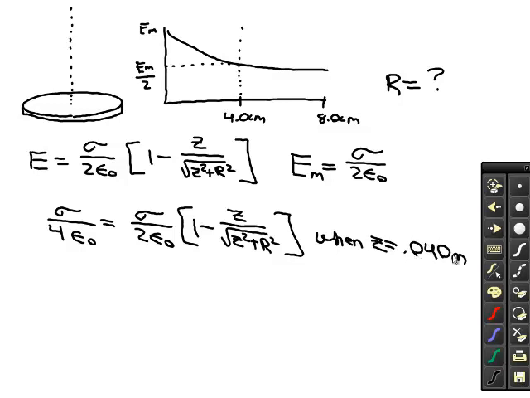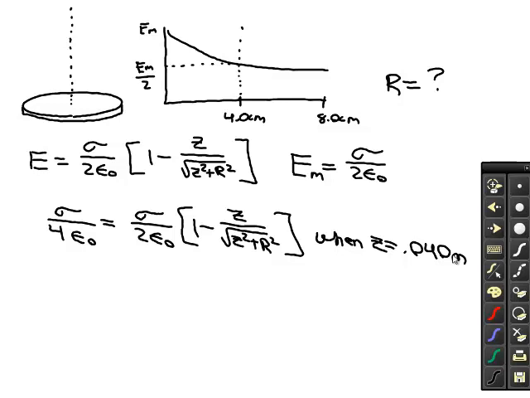Okay, so let me explain myself. If maximum value of E is sigma over 2 epsilon naught, then half maximum is sigma over 4 epsilon naught. And the graph tells us it's at half maximum when z equals 4 centimeters, or z equals 0.040 meters.